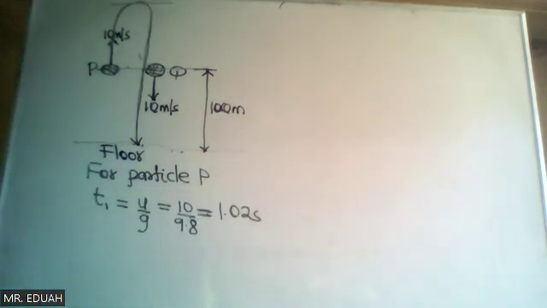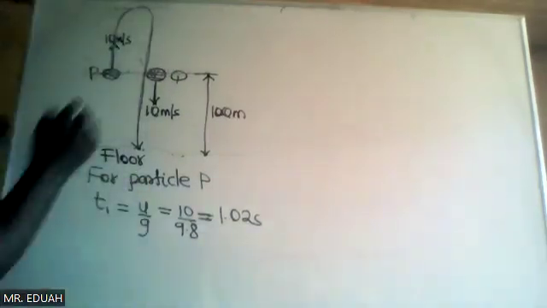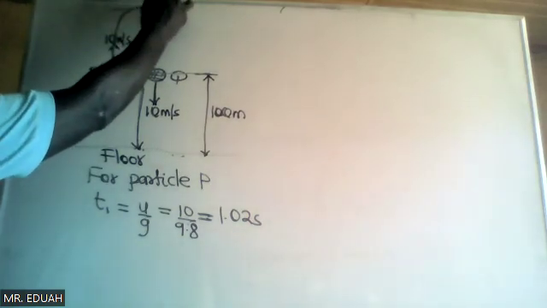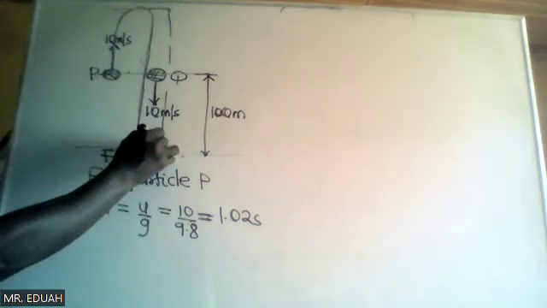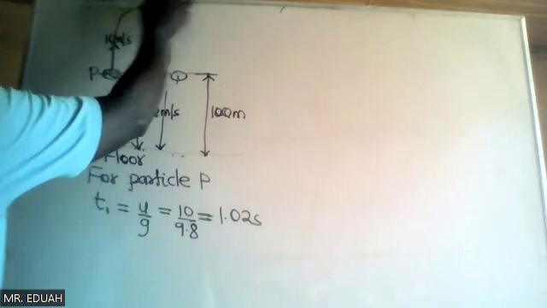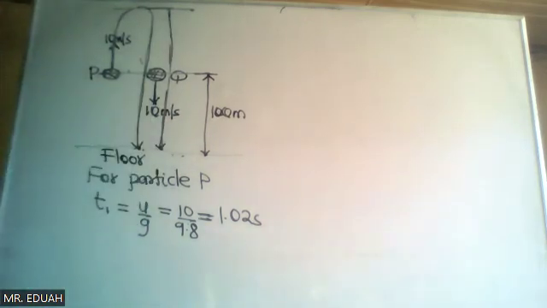So that's the time taken for P to move from here to the maximum height. From the maximum height, it is free falling to the ground. So let's also determine the time taken for P to drop to the ground.